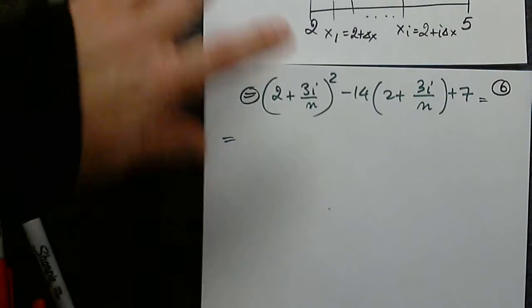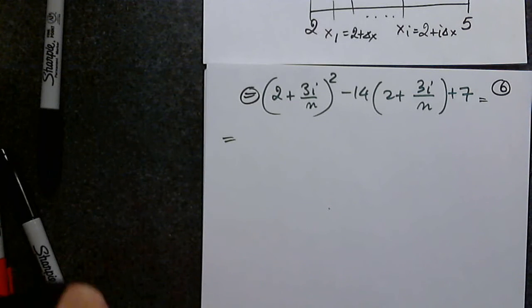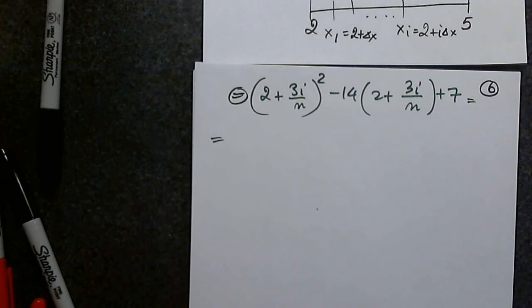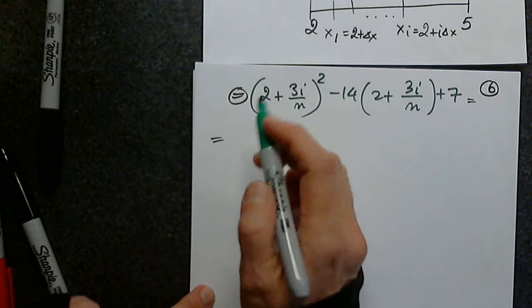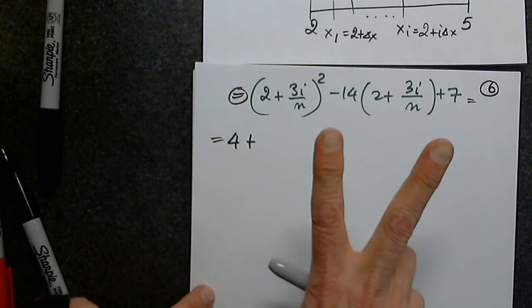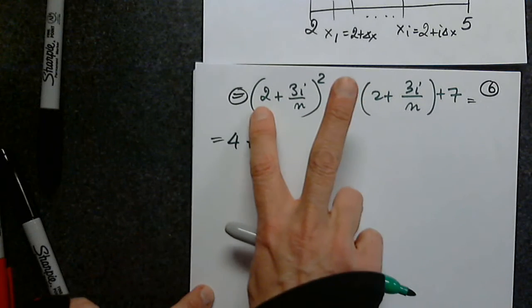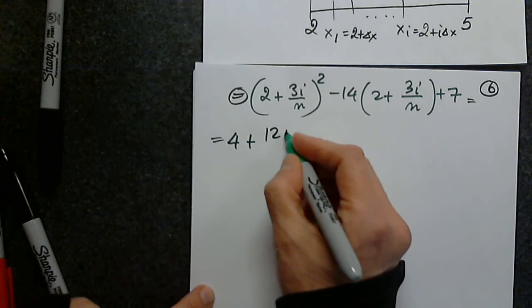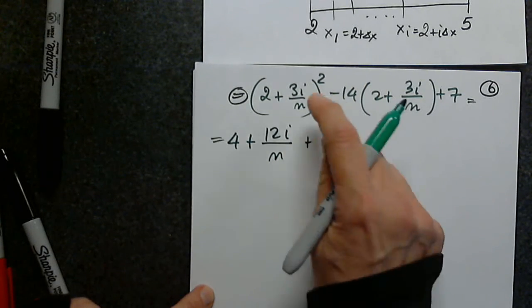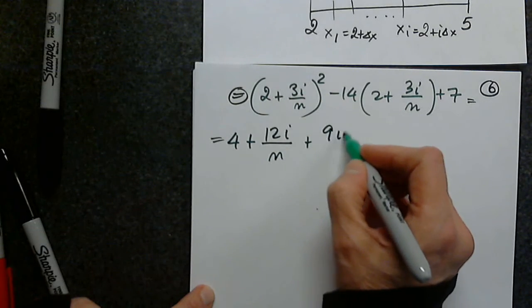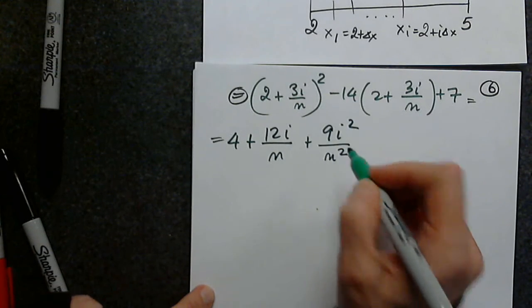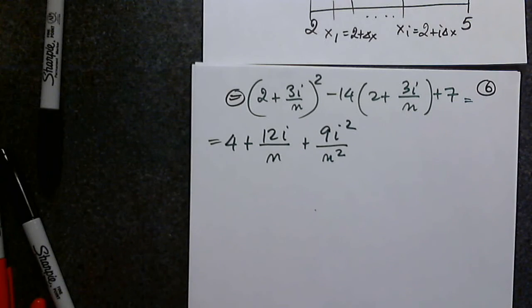Okay, ready? So when I square a binomial, how many terms do I write? Please do not say 2. Good. The first term squared plus 2 times the first times the second. 4 times 3, 12i over n, plus the second term squared, 9i squared over n squared.